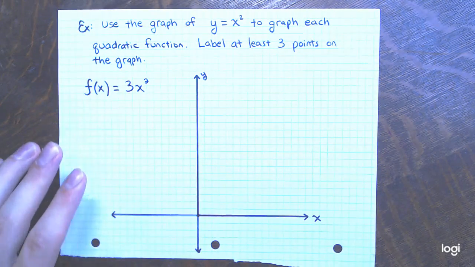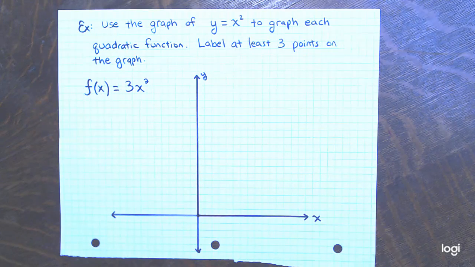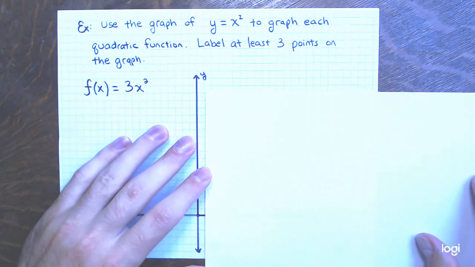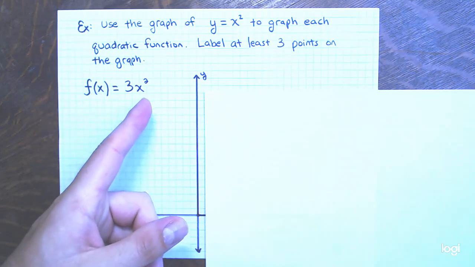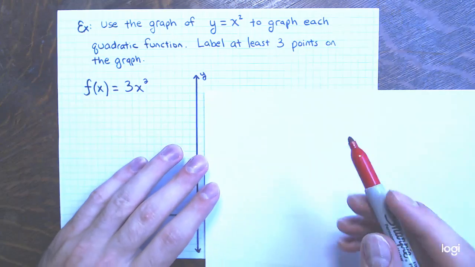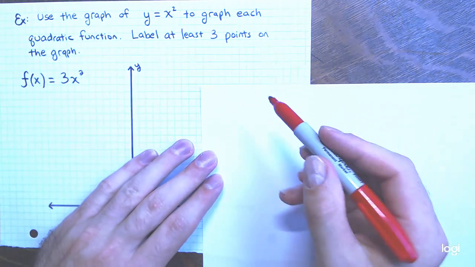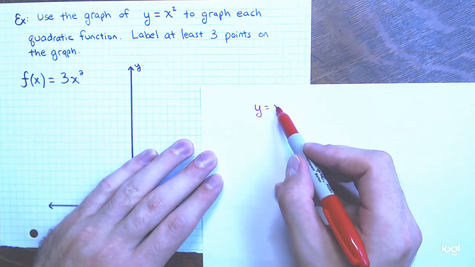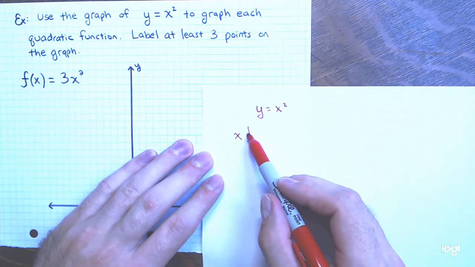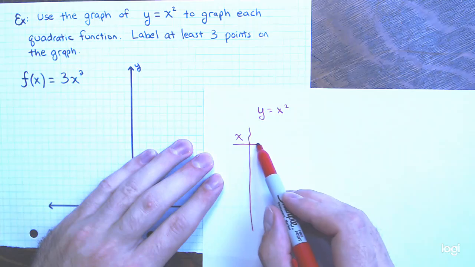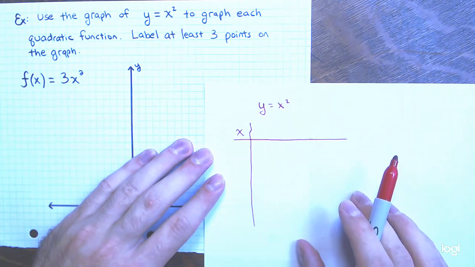So I'm going to make a table for this first one, where we're going to start off with y equals x squared and then transform y equals x squared to get the graph of y equals 3x squared, or f of x equals 3x squared. I'm going to start with y equals x squared, and I'll make a table. You've seen me do this y equals x squared table in other videos if you've been watching other videos of mine.